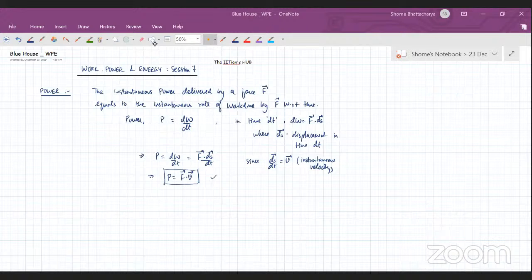Okay, so the dimension of power becomes dimension of force multiplied by velocity.